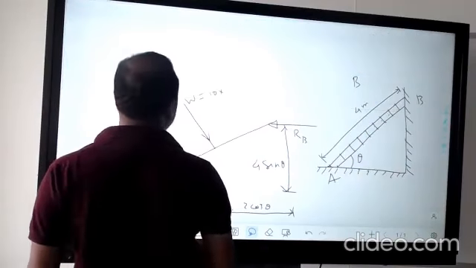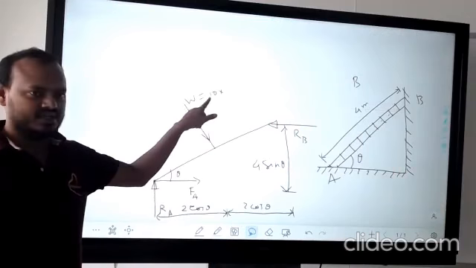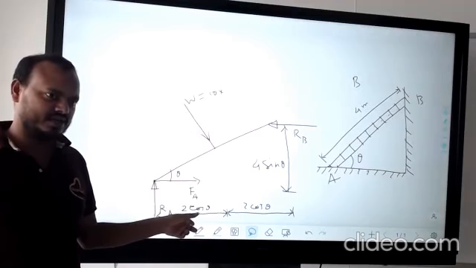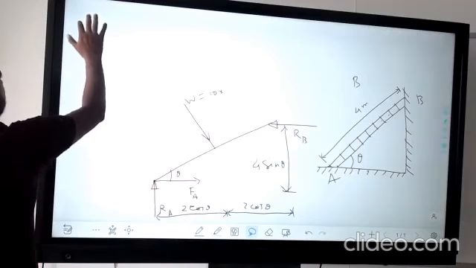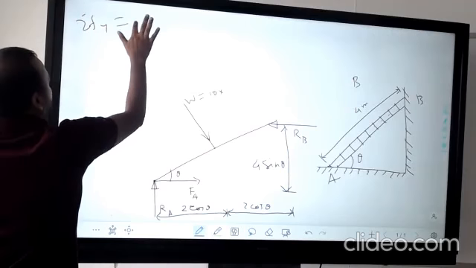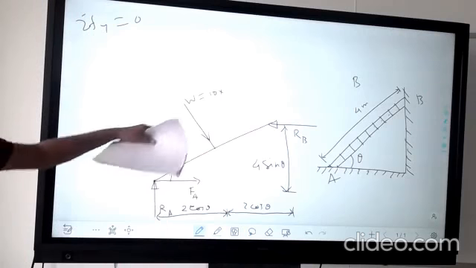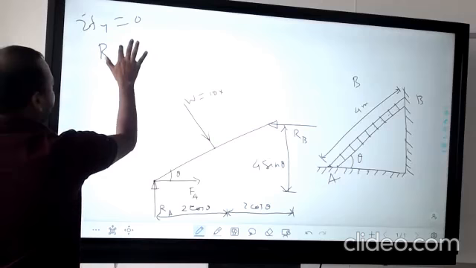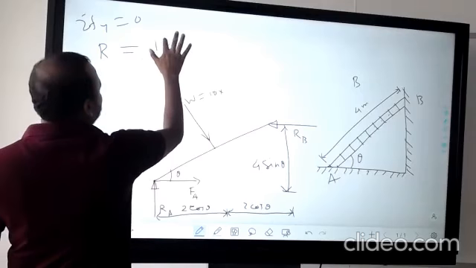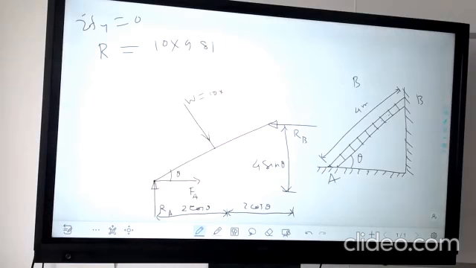Here we have already taken the 2 meter into the components cos theta and sin theta. So we will not take a component of W, because the distance we have taken is the component in the x and y direction. So here summation of Fy is equal to 0 will give RA, the vertical force, and the other is W. So RA is equal to W. W is 10 into 9.81. Is W vertical? Yes.